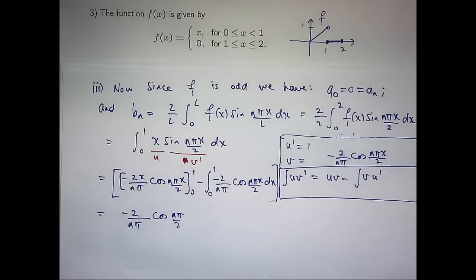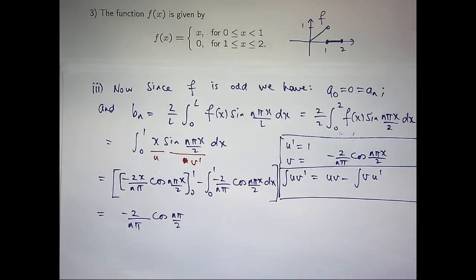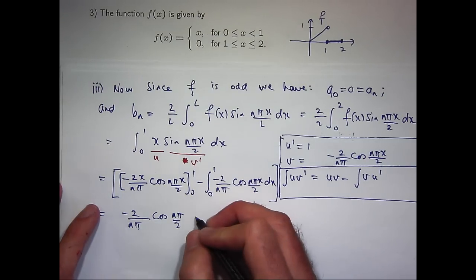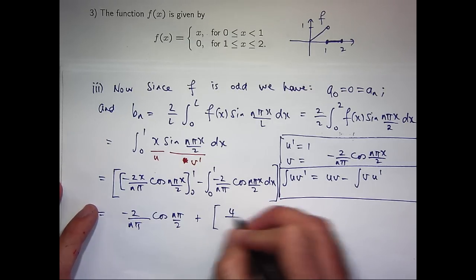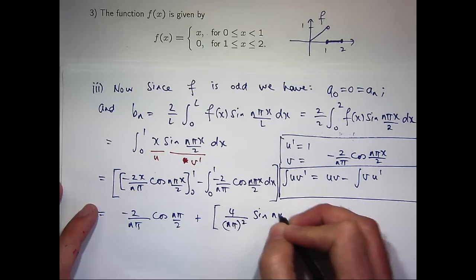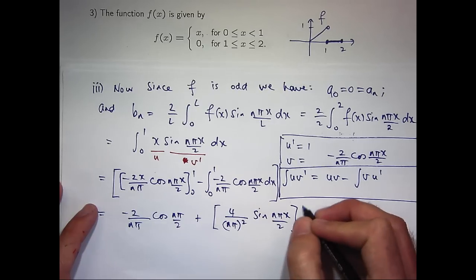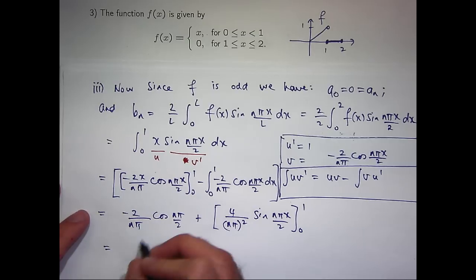Cosine will go to a sine, and I just need to touch up again by multiplying through by 2 on n pi. So I'm going to get something like this. Okay, so now if I sub in x equals 1, x equals 0, the second term is just going to be 0. So I come up with a representation.